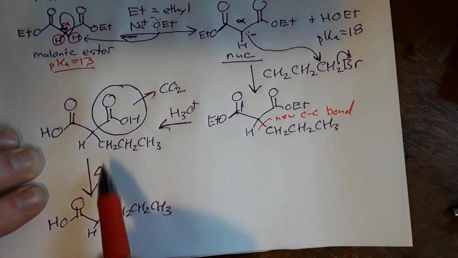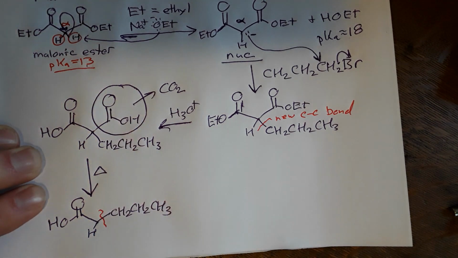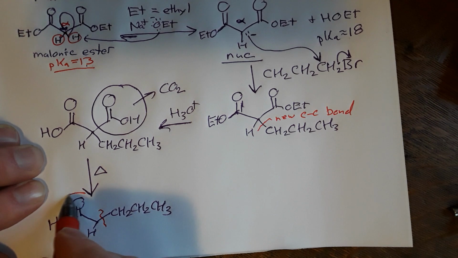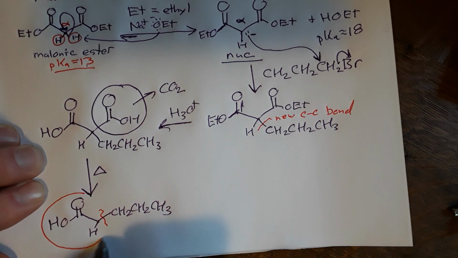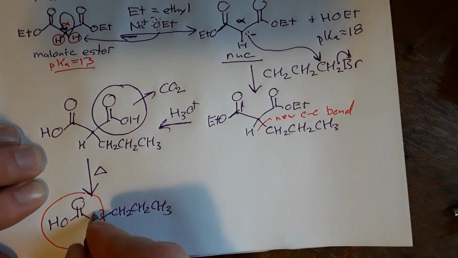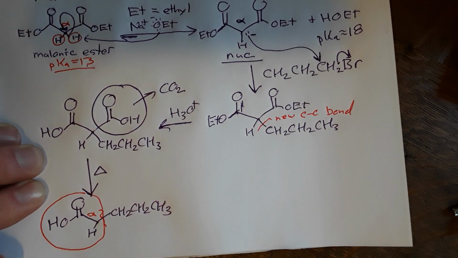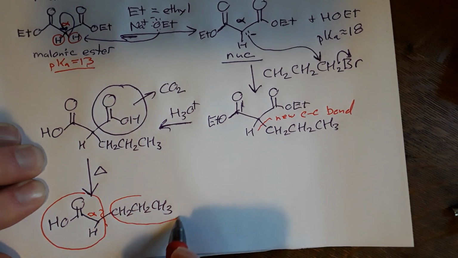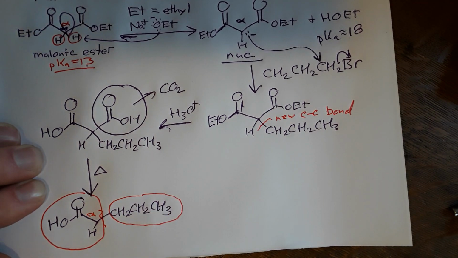So we'll talk about this decarboxylation in another video. But what you see here in the final product is this. What part came originally from malonic ester? The carboxylic acid and the alpha carbon here. What part came from the electrophile? The alkyl halide, this propyl group right here.